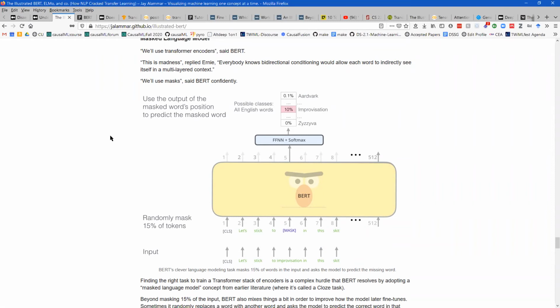So 15% of the tokens, I guess, are randomly masked, and they train this model to guess what these masked words are. And again, the same final layer that we've seen before: a softmax layer over the entire vocabulary. If you're trying to find the masked word, you pick the one with the highest score.